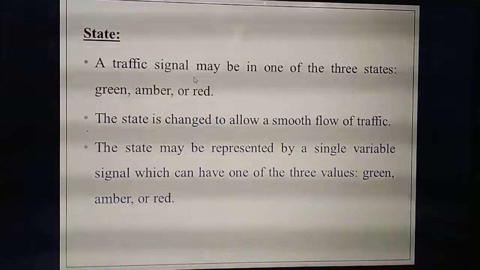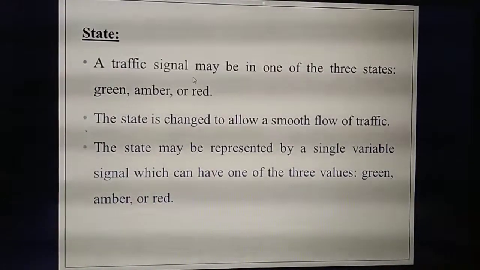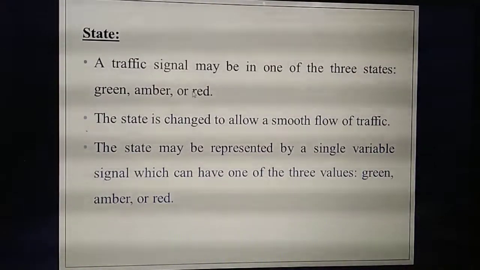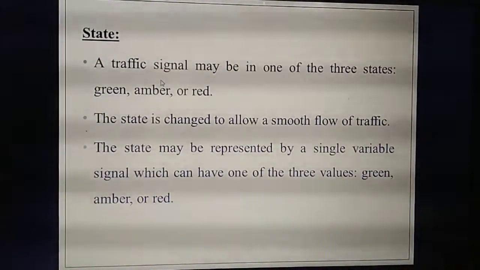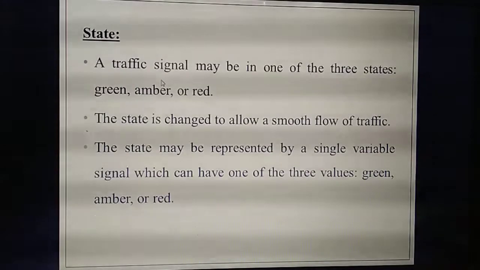So state means, listen, you can give 3 variables. Isn't it? What are the variables? Green, amber or red. In the last slide you studied that state is nothing but representing variables in an algorithm. So how many variables are you going to write in an algorithm for traffic signals?